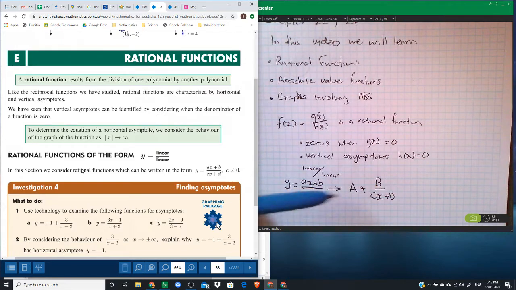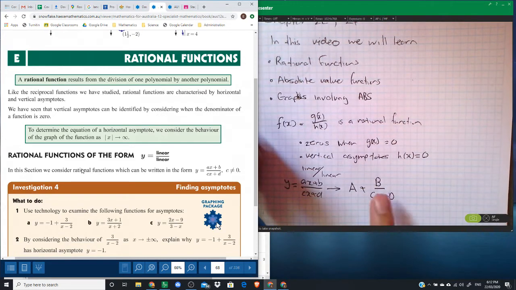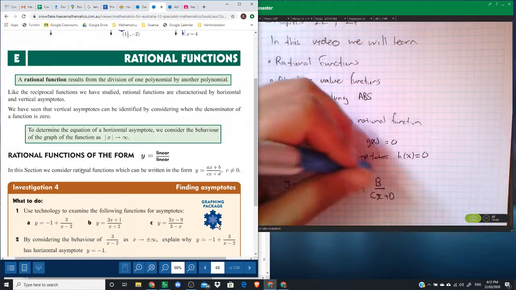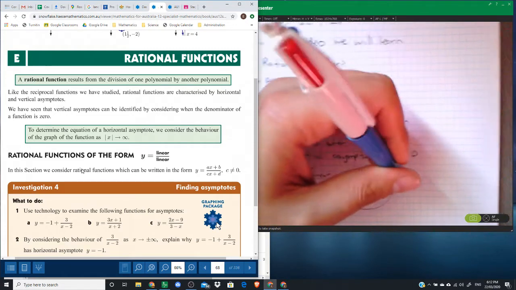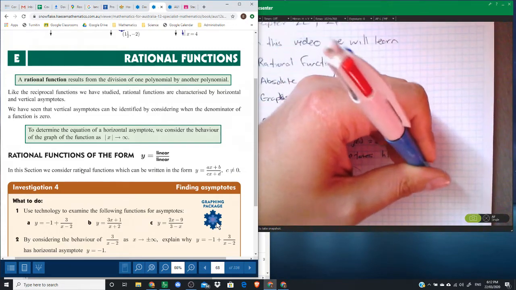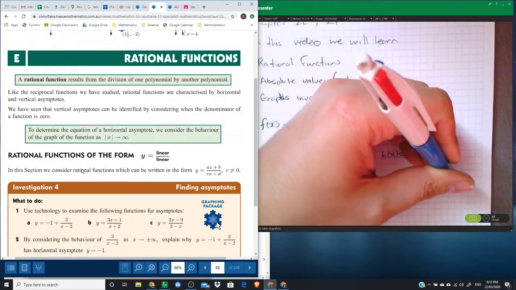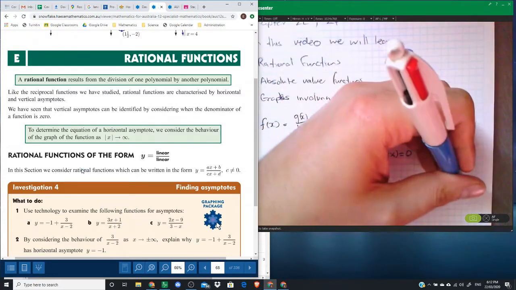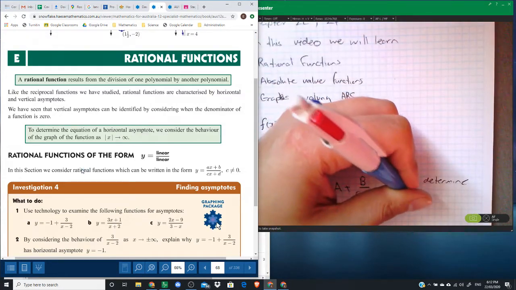We're going to go through how to do this, and this is an interesting form because this form is useful to determine horizontal asymptotes.